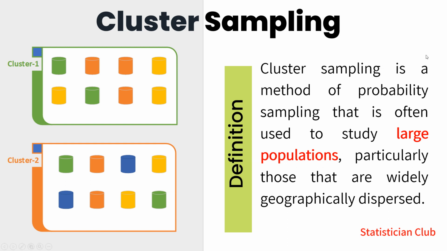So cluster sampling belongs to the branch of probability sampling that is often used to study large populations, particularly those that are widely geographically dispersed. So you use cluster sampling when your population is large and geographically dispersed. In such a situation, cluster sampling is the suitable technique.